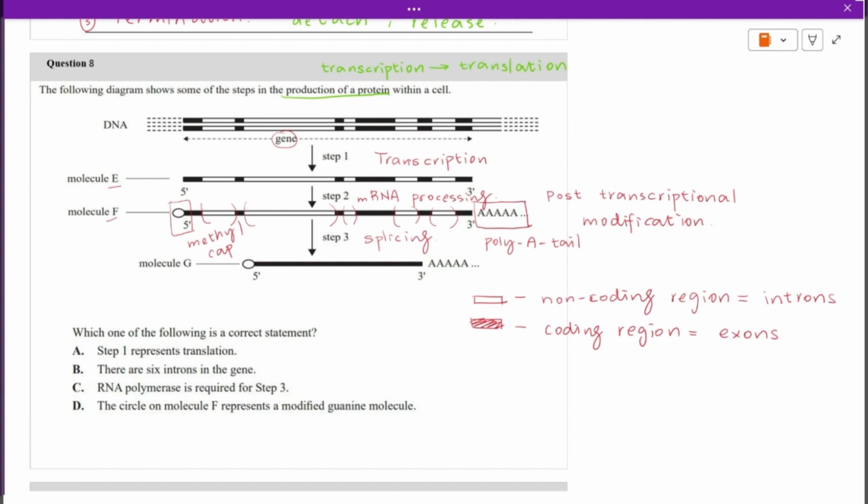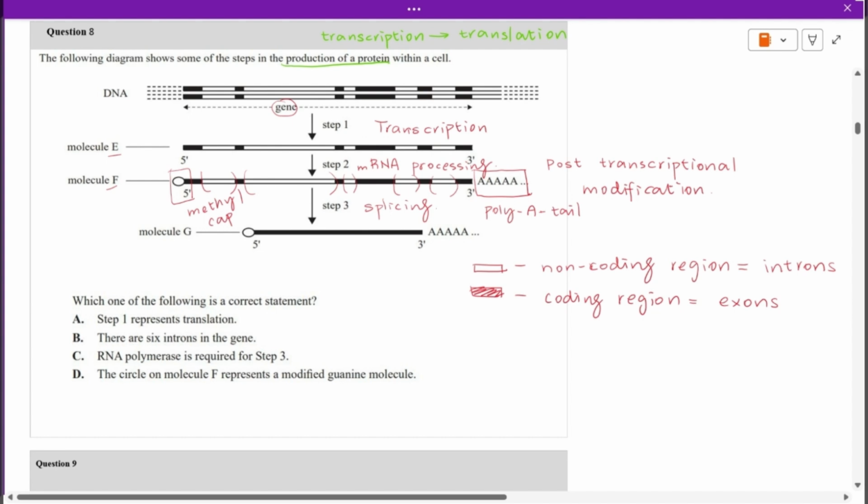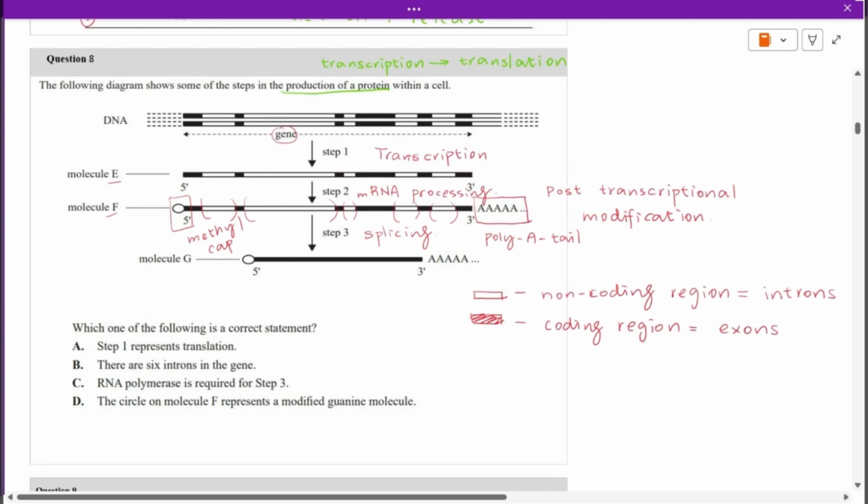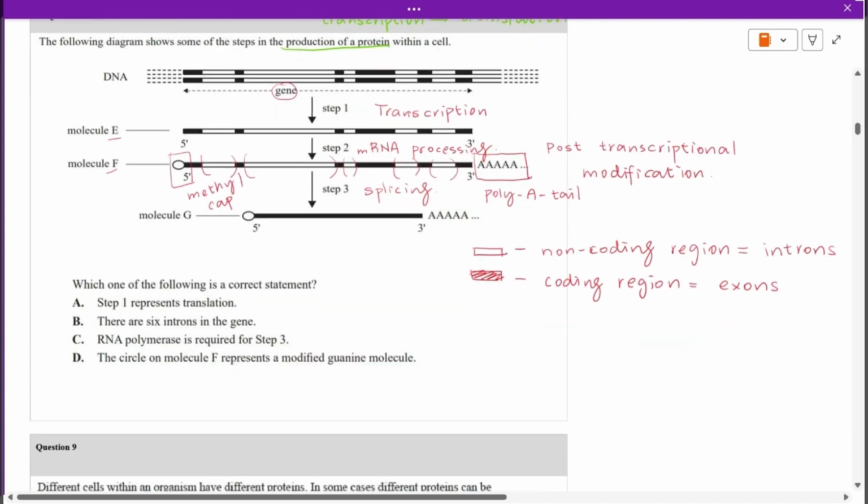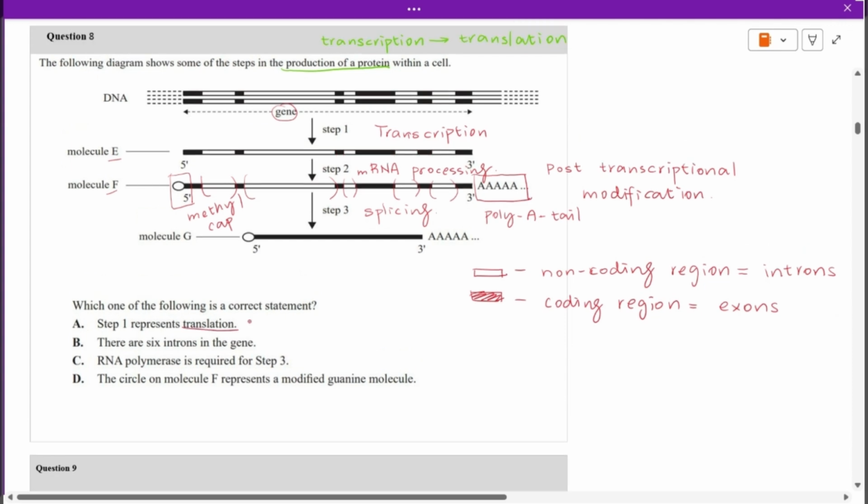Okay, now let's have a look at the options below. Which one of the following is a correct statement? So A says step 1 represent translation, which is incorrect because it should be transcription. Question B, there are 6 introns in the gene. So introns is, as we figured out before, the white region.